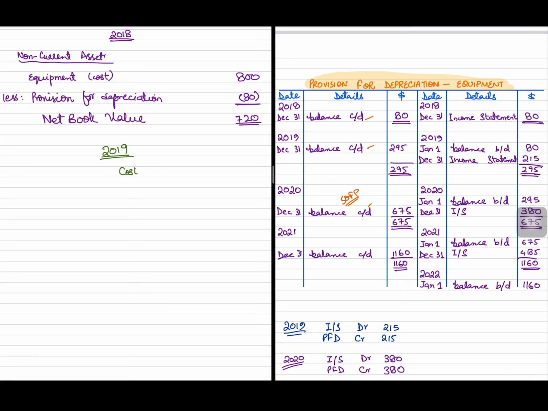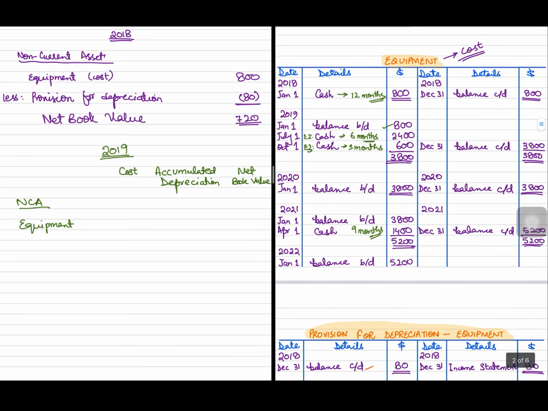You write the cost in the first column, then you write the accumulated depreciation in the next column, and in the third column we write the net book value. Now again we have the non-current assets, and that is equipment. Now this is the horizontal format of calculating your net book value, right, of making your extract.